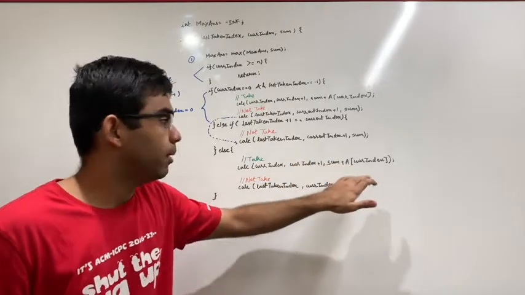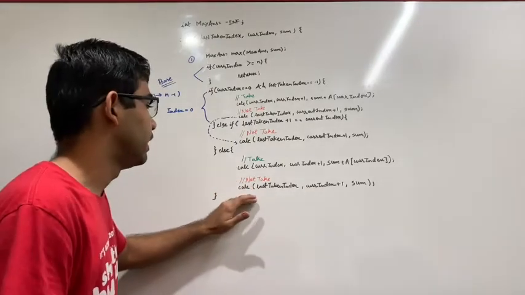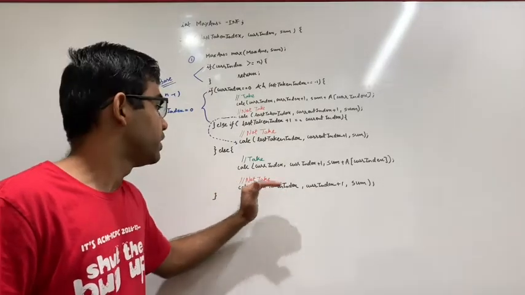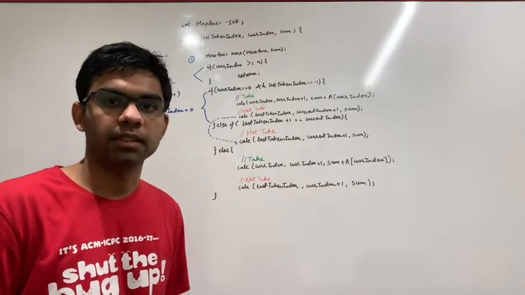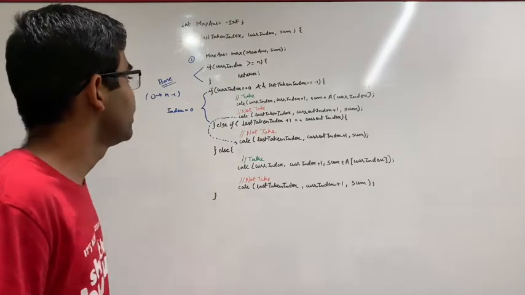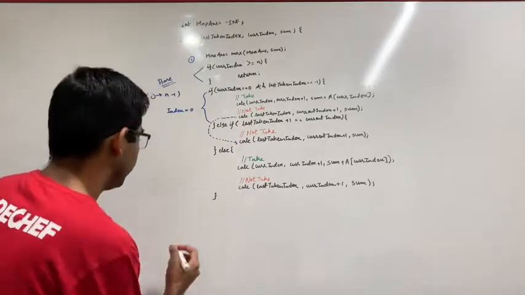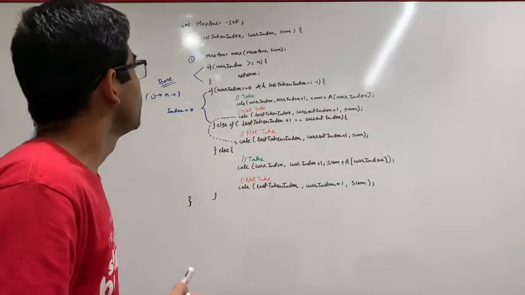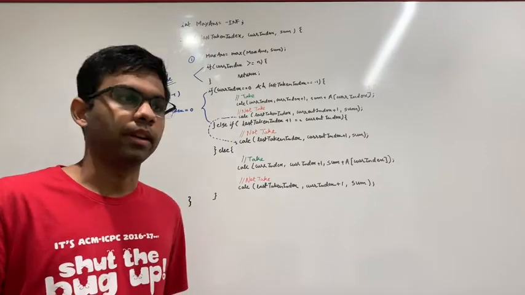I'll increment my sum by the value at that index. And if I don't take it, then I'll not change my last taken index. I'll increment my current index by 1, and I'll pass sum as it is. So this is the best. I'll complete the function here. So this is the best possible brute force approach you can write.